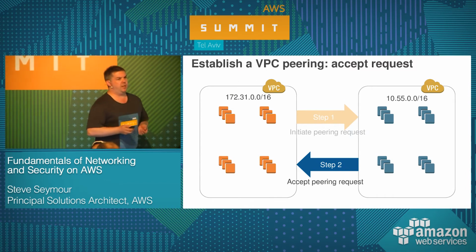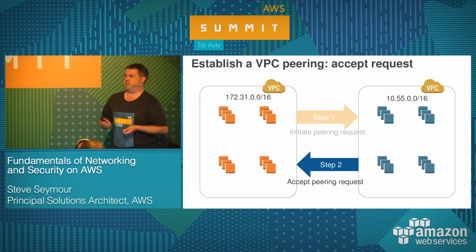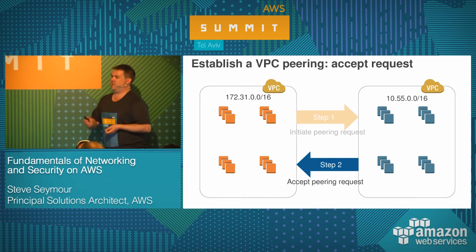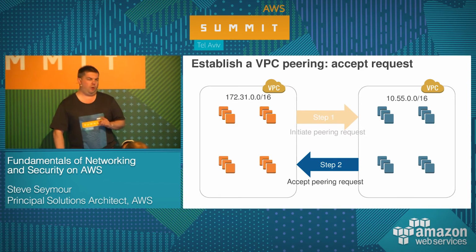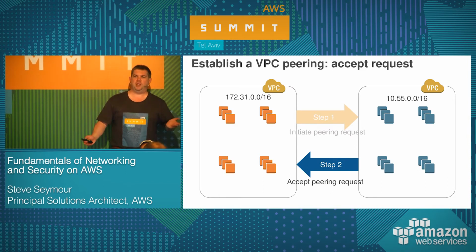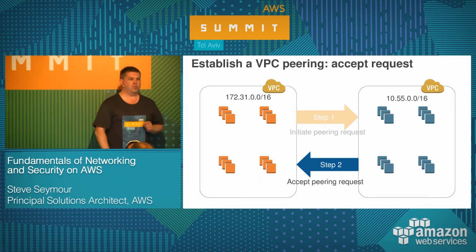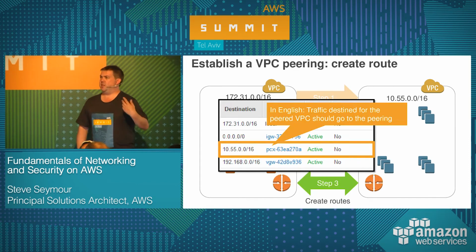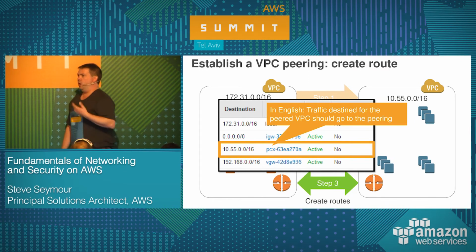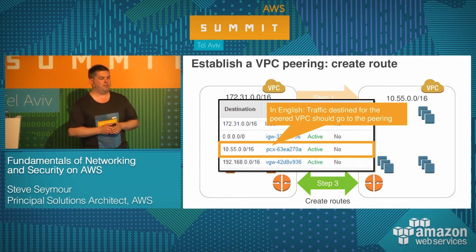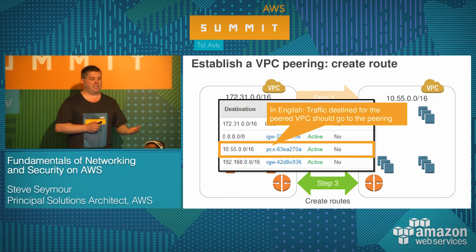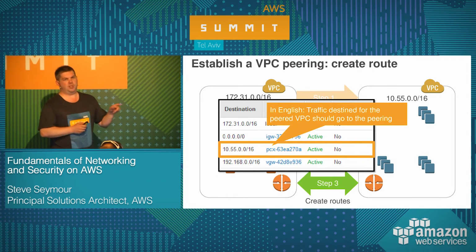But remember earlier that I said nothing interesting happens in a VPC until you configure routing? Well, the same thing is true with VPC peering. So our final step that quite often is forgotten by people, and they wonder why it doesn't work, is to actually configure the routing. So here's our route table from earlier. We've got our local entry at the top that says everything in my VPC can talk to each other. We have a route to an internet gateway, the 0.0.0.0 route.